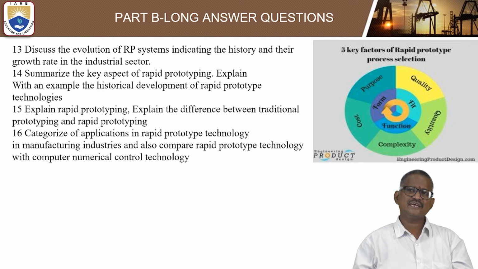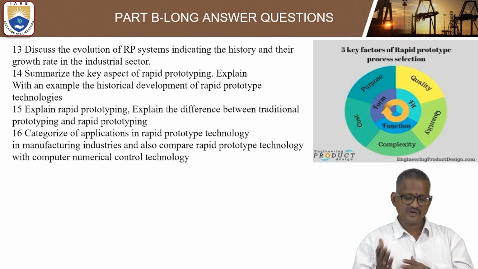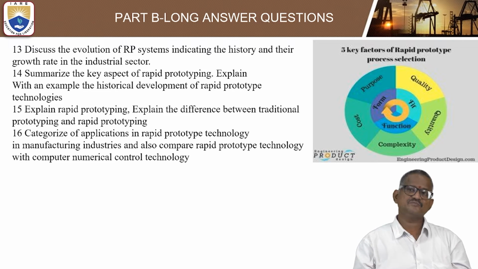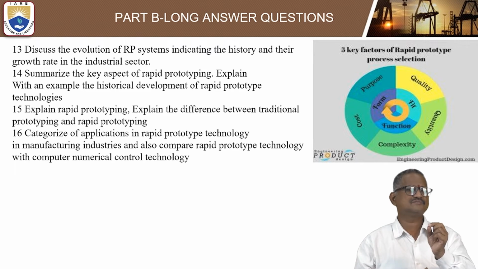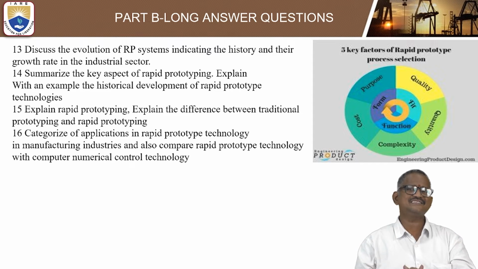And coming to another topic, that is called rapid prototyping or 3D printing. What type of questions may they ask for the semester examination, or even in competitive examinations? Discuss the evolution of rapid prototyping systems, indicating the history and their growth rate in the industrial sector.